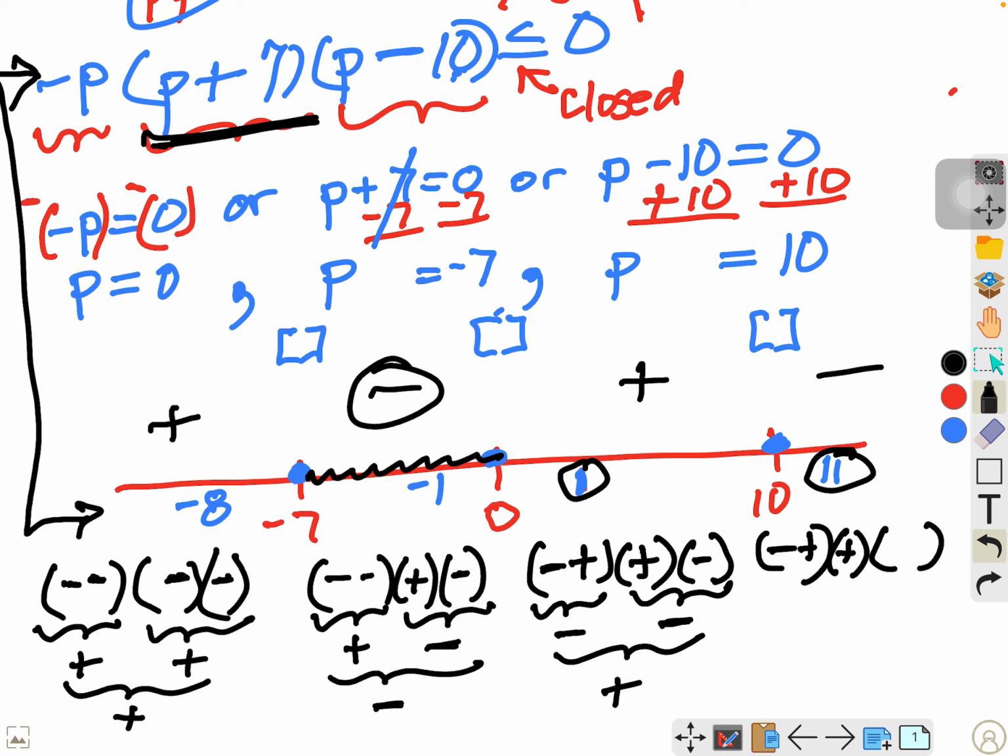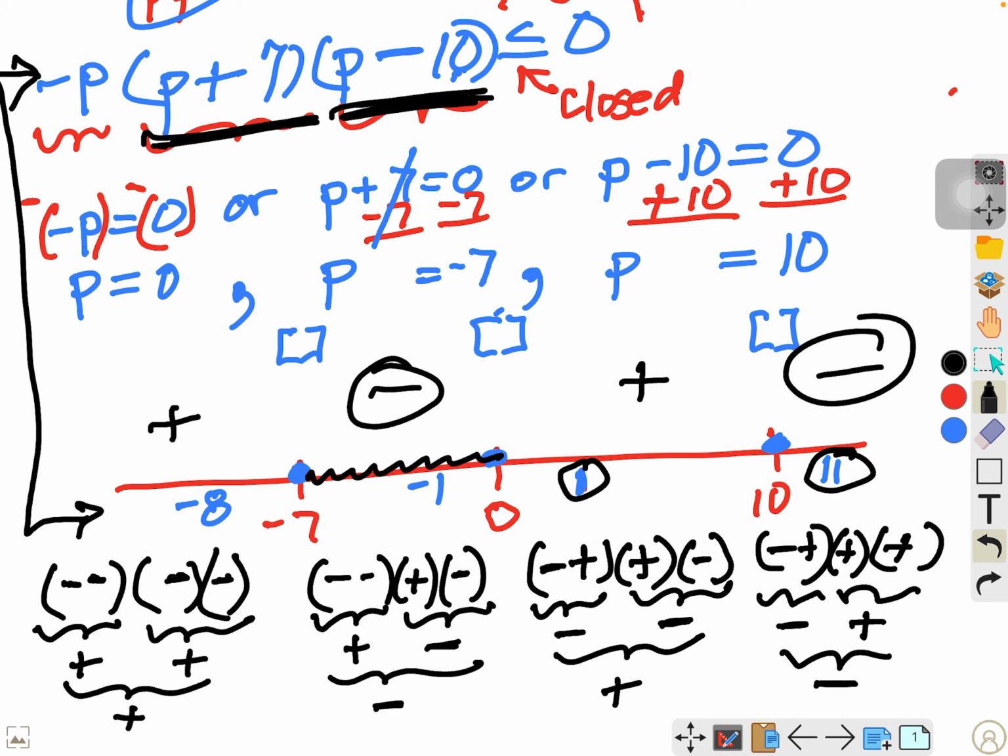And then finally, p minus 10, 11 minus 10, that's going to be 1, or a positive. So we get a negative times a positive, which is negative, and that's what we were looking for. So we shade these answers, and they include all of our endpoints.